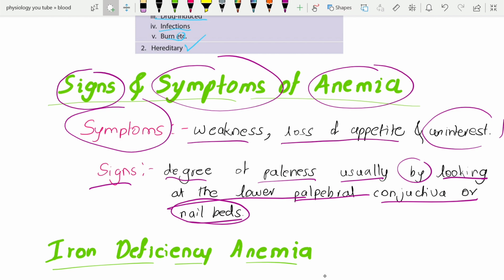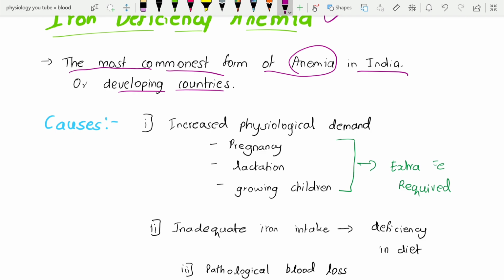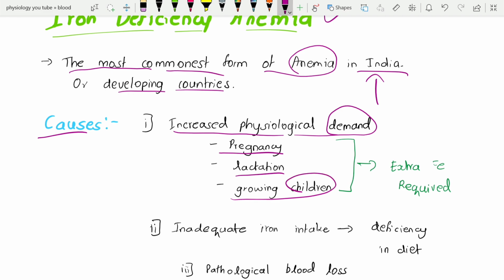Firstly, iron deficiency anemia. It is the most common form of anemia in India and in developing countries. India is also one among the developing countries. Causes: increased physiological demand during pregnancy, lactation and in growing children, when extra iron is required.